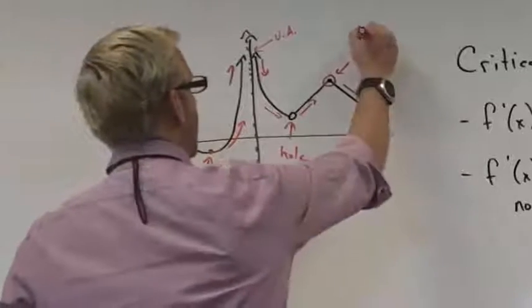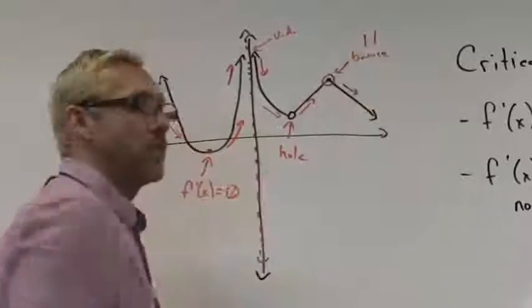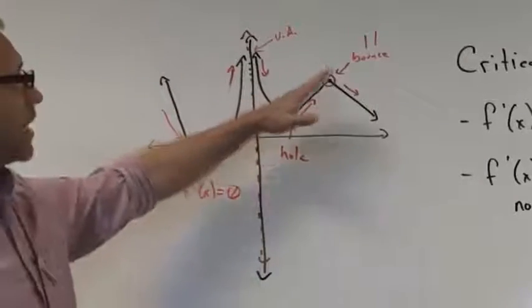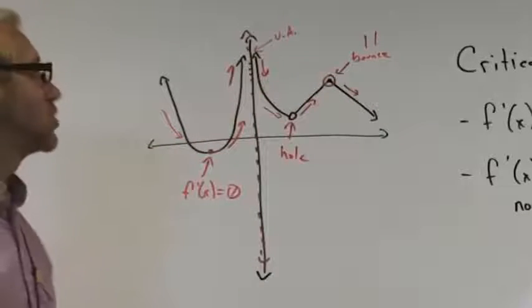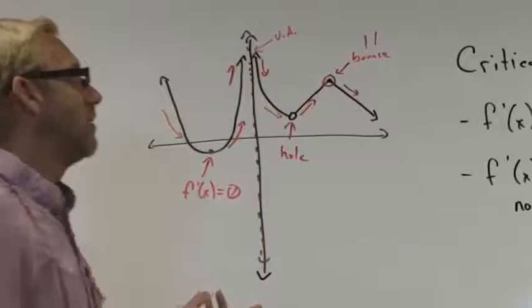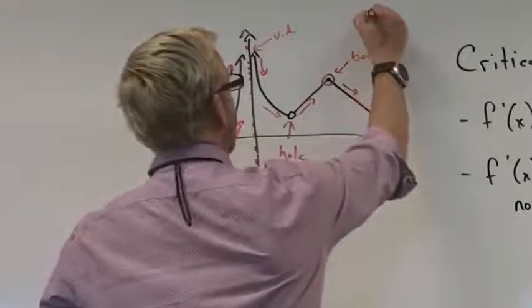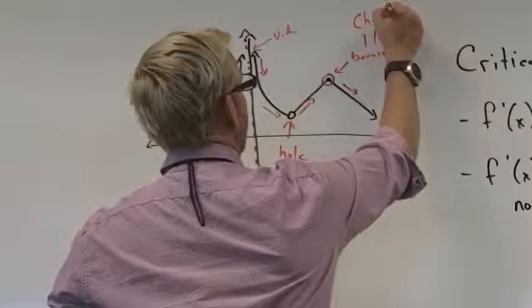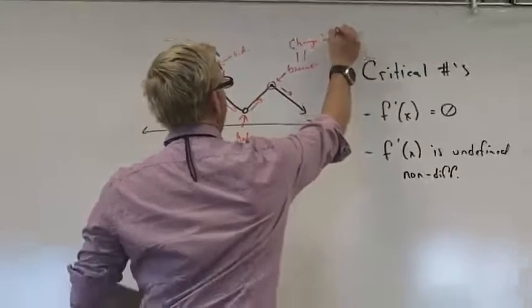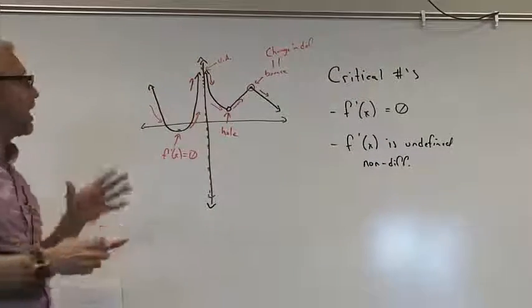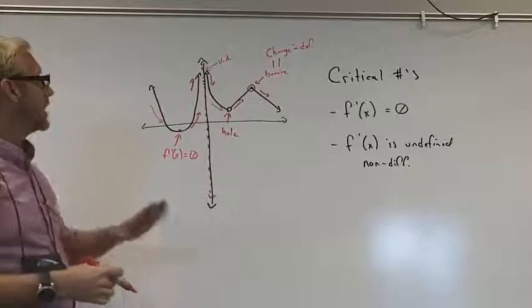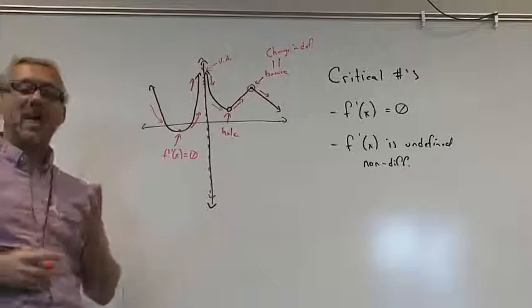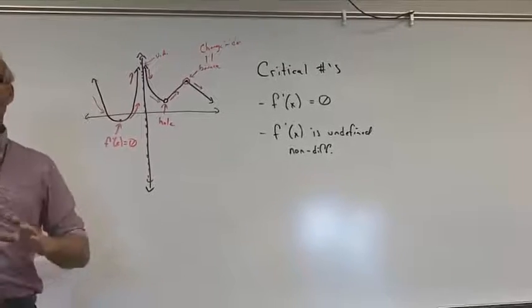This tends to happen with absolute value functions, so functions where we're doing the absolute value of a line of some sort. Or you could have a change in definition. So these are all the places where our slope can change between increasing and decreasing. And anytime we have a minimum or maximum, we're going to have one of these changes.